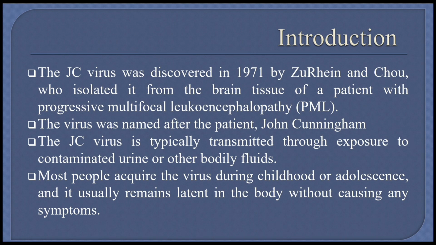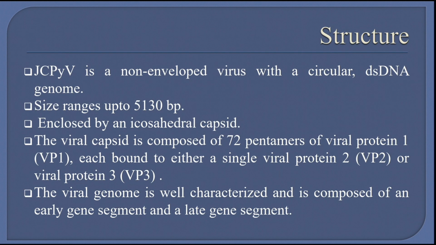without causing any symptoms. Structure of JC virus. JC polyomavirus is a non-enveloped virus, and the genome is made of circular, double-stranded DNA. The size is about 5130 base pairs, and the virus is enclosed by an icosahedral capsid.